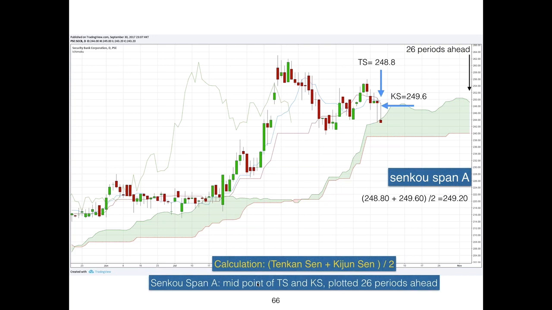So the Senkou Span A is also a measure of equilibrium in itself because it measures the equilibrium of Tenkan-sen and Kijun-sen, which is also a measure of equilibrium. So it measures the equilibrium of equilibriums.